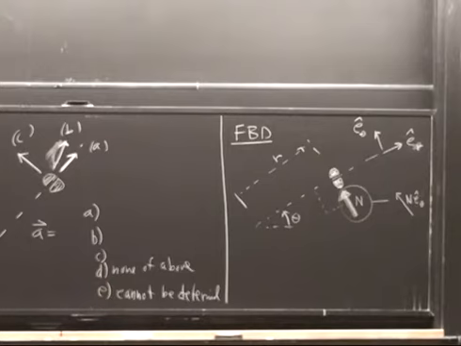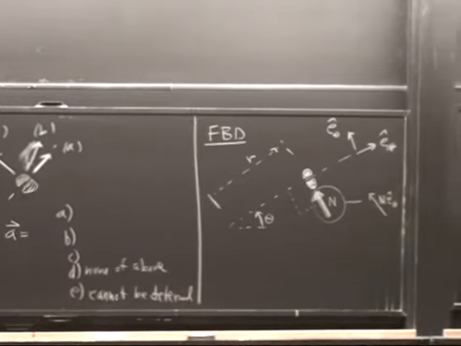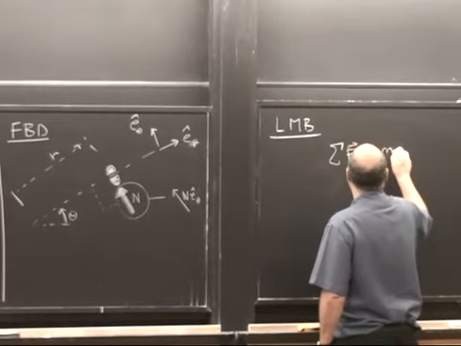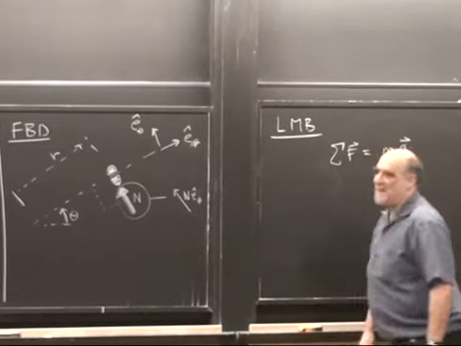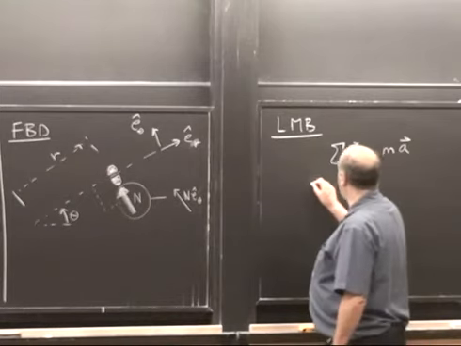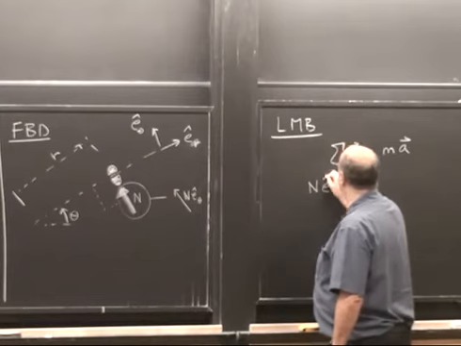Okay, now we get to linear momentum balance, and we write that the sum of the forces on this thing is equal to the rate of change of linear momentum, which is the mass times the acceleration, if we're just modeling this as a particle. We're not worrying about the rotational dynamics of the little thing there. Then over here, the force is N times e theta.